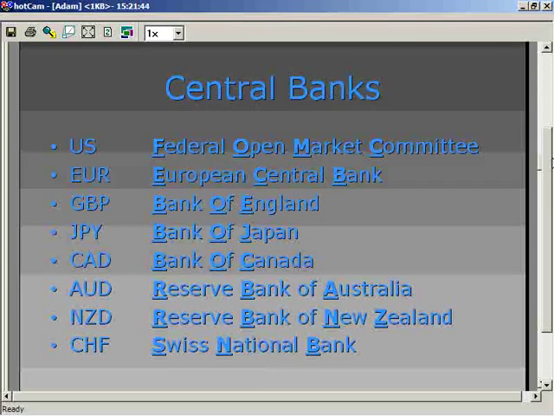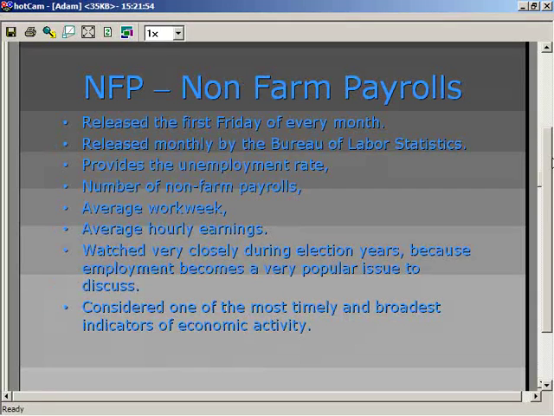Let's take a look at some of these economic indicators. Non-farm payroll is one of my favorite economic numbers, and I'll tell you, as we come closer to the election time, I think this is going to become a more and more volatile number. For those of you that have been trading the foreign exchange market for a few years, I remember the days in 2004 as it came closer to the election time.